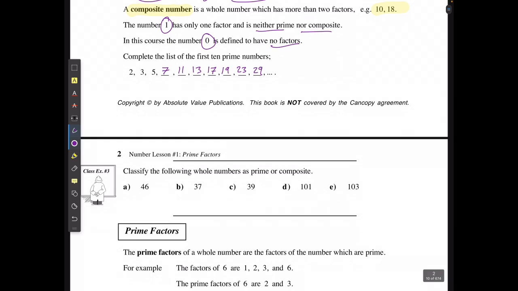So, if I am classifying numbers as prime or composite, I'm just seeing, is there any other number that I can divide it by other than 1 and itself? So for 46, it's an even number. Any even number other than 2 will always be composite because it's always divisible by 2.